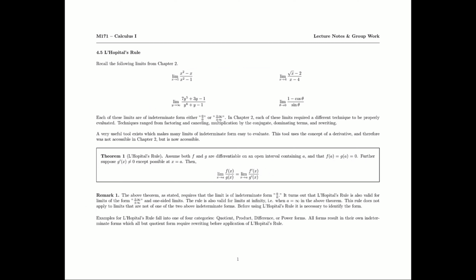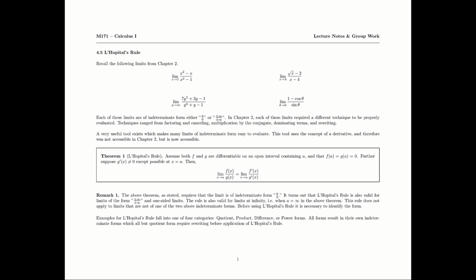Now, there are some other indeterminate forms that we can algebraically rewrite so that we do get 0 over 0 or infinity over infinity. We'll talk about those later, but L'Hopital's rule is a very widely applicable rule if you have some sort of indeterminate form that can be changed into 0 over 0 or infinity over infinity.